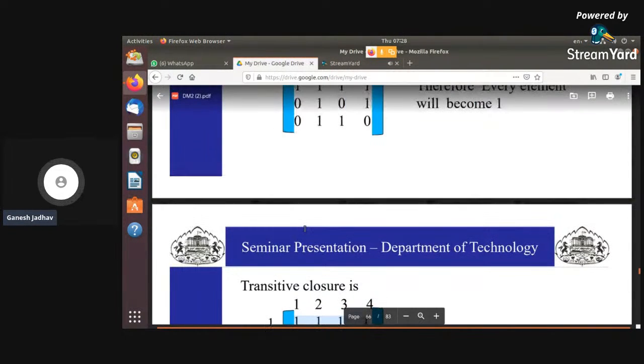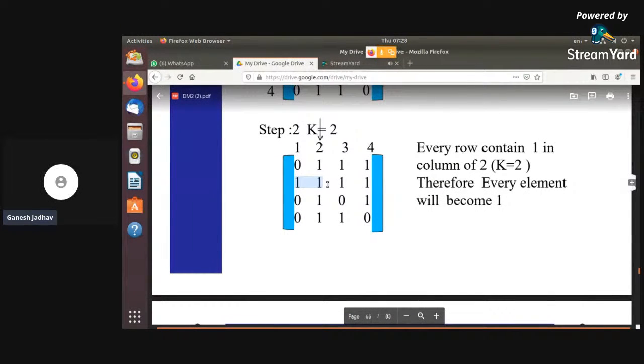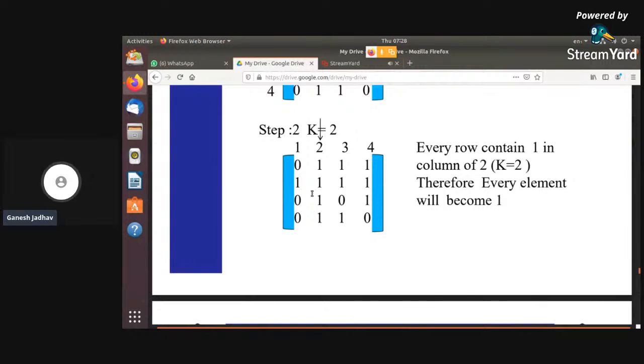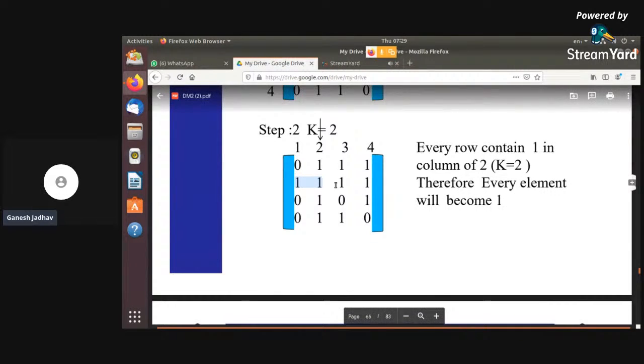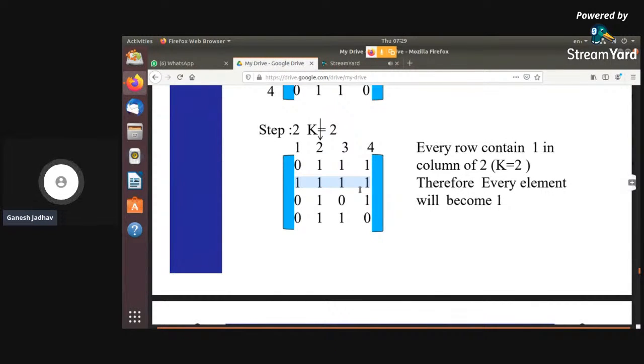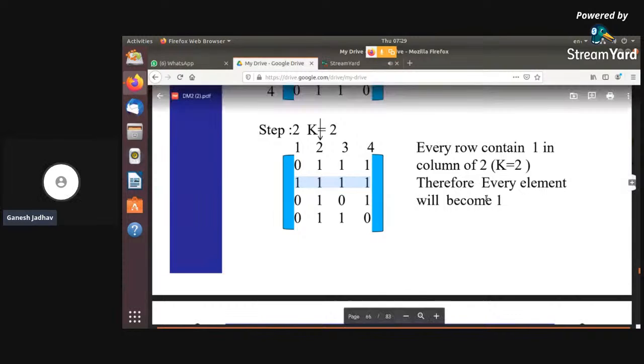Why is it transitive? Because here is the ORing operation of all rows, since in the second column every element is 1. So we are required to modify all rows, but row 2 already has all elements equal to 1.